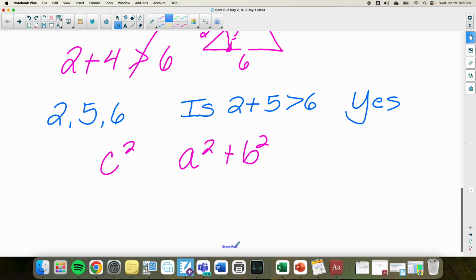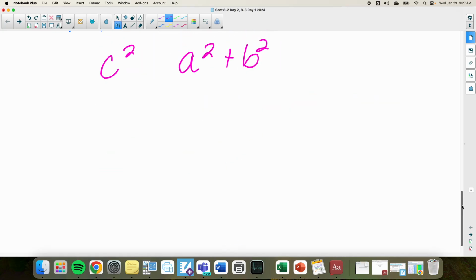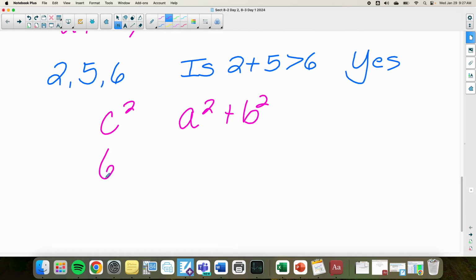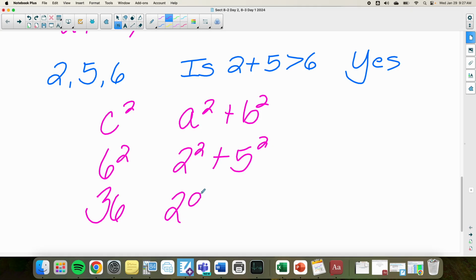The biggest one, very good. So I'm going to put 6 here. A and B are your two smaller ones in any order, so I'm going to go 2 squared plus 5 squared. 6 squared is 36, 2 squared is 4, plus 5 squared is 25, so this is 29.